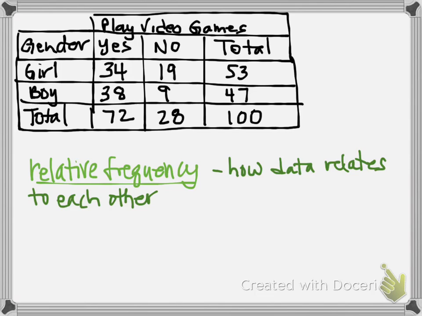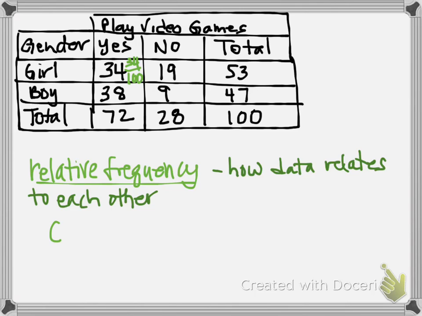Okay, so let's just talk about relative frequency to how many kids were surveyed. Now, we're really lucky that in this particular one we have 100 students that were surveyed. So what we could do for relative frequency is see how the number of girls who play video games relates to how many students played. So what a lot of people would do is rewrite that as a fraction.